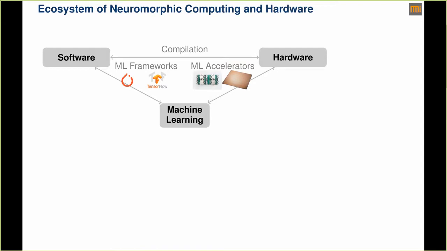So let me try to picture now the problem that we're tackling with the overall field of machine learning, since I told you that I'll be going towards machine learning. On the one hand, machine learning relies on powerful software. We've seen a couple of these today with Jason's talk: PyTorch, TensorFlow, JAX, and so on.